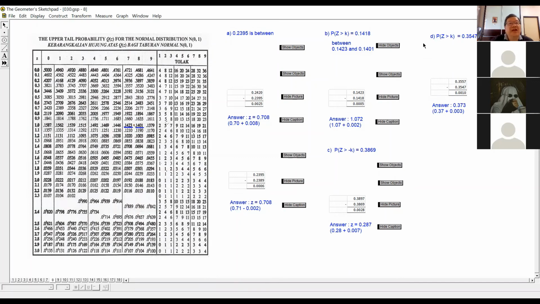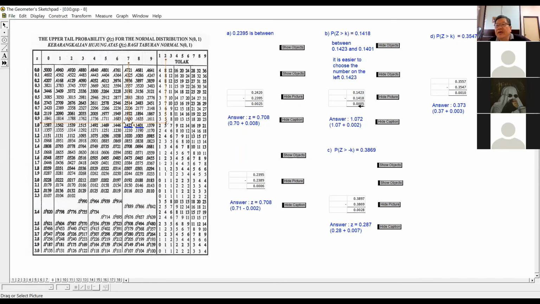Which number is better to choose? 0.1423. Correct, very good. We always choose the one on the left hand side, because on the left hand side we just add, right? So it is easier to choose the number on the left, 0.1423. So I use 0.1423 minus 0.1418.